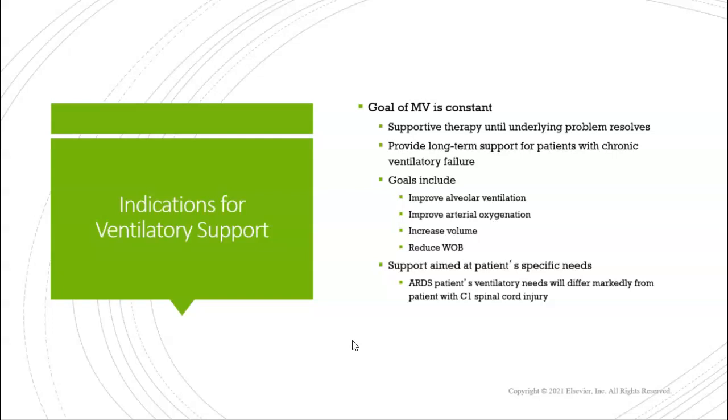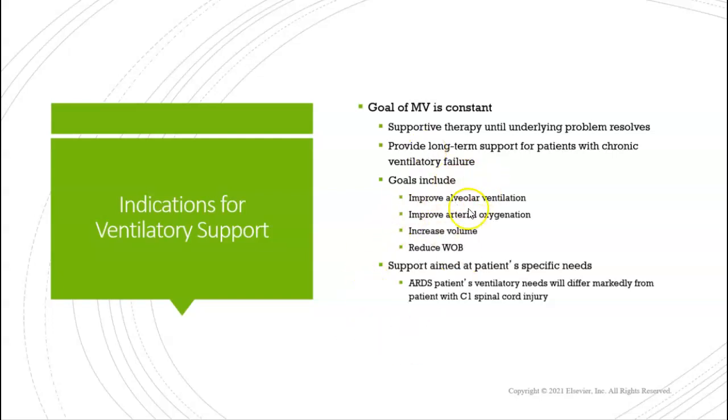Those are the patients that we know are never coming off the ventilator. They need the ventilator because they've had a spinal cord injury, or they have advanced neuromuscular disorders like ALS, and they're not going to be able to breathe independently on their own anymore. So we're putting them on the vent to help their ventilation long term.